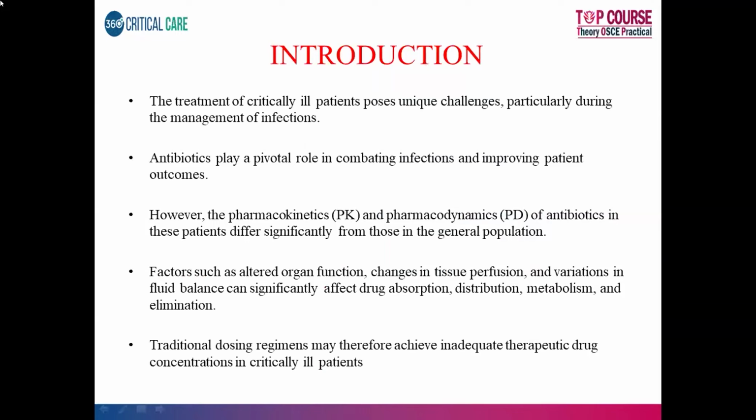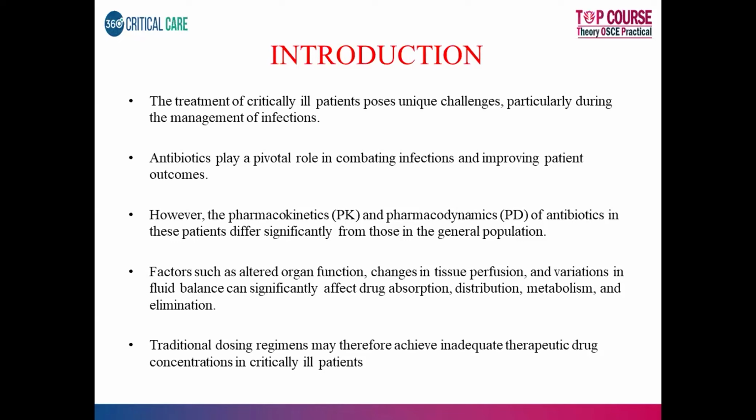The treatment of critically ill patients poses unique challenges, particularly during the management of infections. And antibiotics play a pivotal role in combating infections and improving patient outcomes. However, the pharmacokinetics and the pharmacodynamics of antibiotics in these critically ill patients differ significantly from those in the general population. Why does it differ?